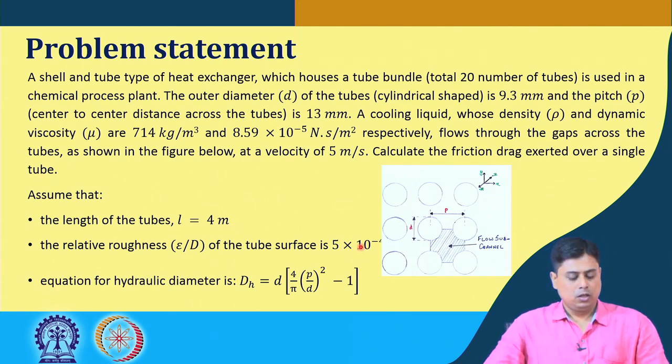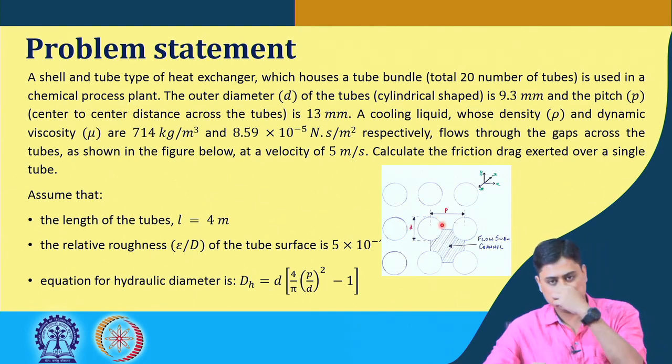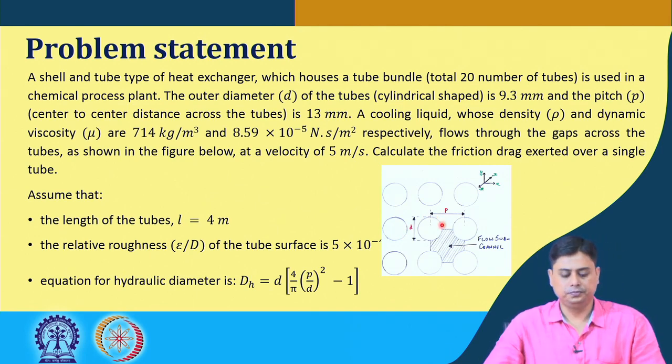And the equation for hydraulic diameter is directly given. This depends on the diameter of the tube as well as the pitch, that is the center to center distance between the tubes.